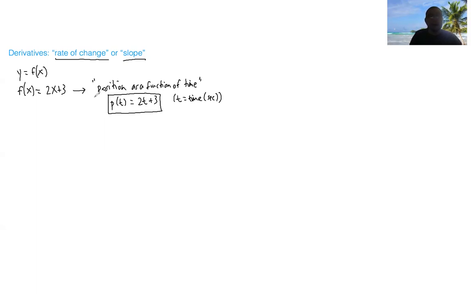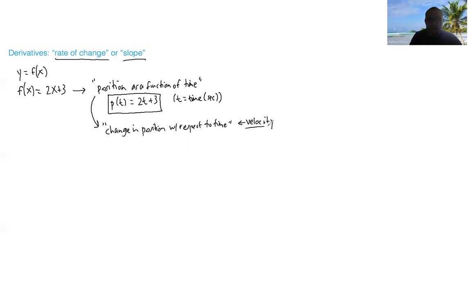If I were to ask you now to go from position and I wanted you to calculate your change in position with respect to time, what I'm asking you for in this case is what we call velocity, okay?